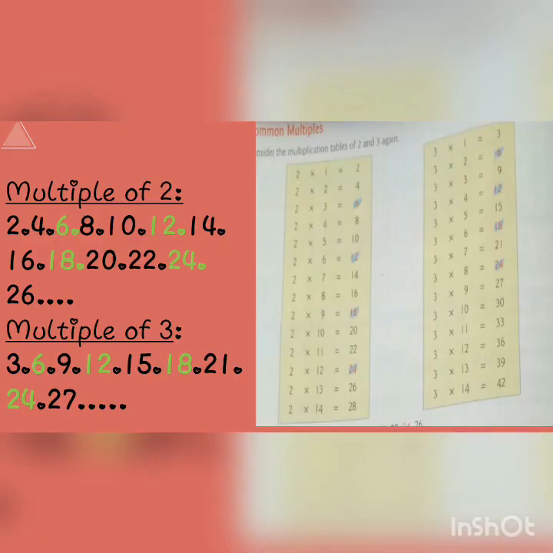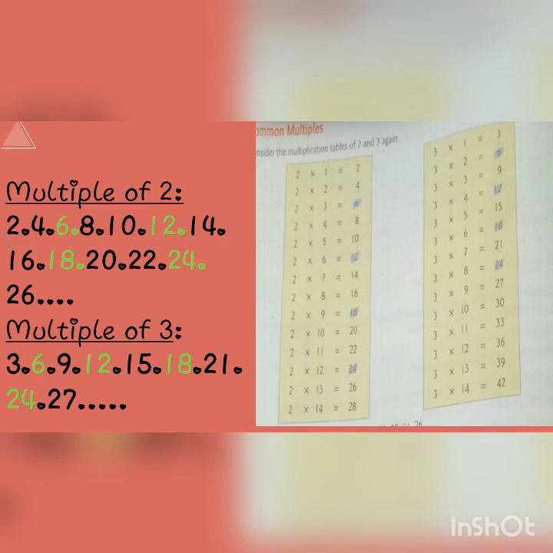Consider the multiplication table of 2 and 3. Here, in table 2, 2, 4, 6, 8, 10, 12, 14, 16, 18, 20, 22, 24, 26, and so on are the multiples of 2. And in table 3, 3, 6, 9, 12, 15, 18, 21, 24, 27, and so on are the multiples of 3.